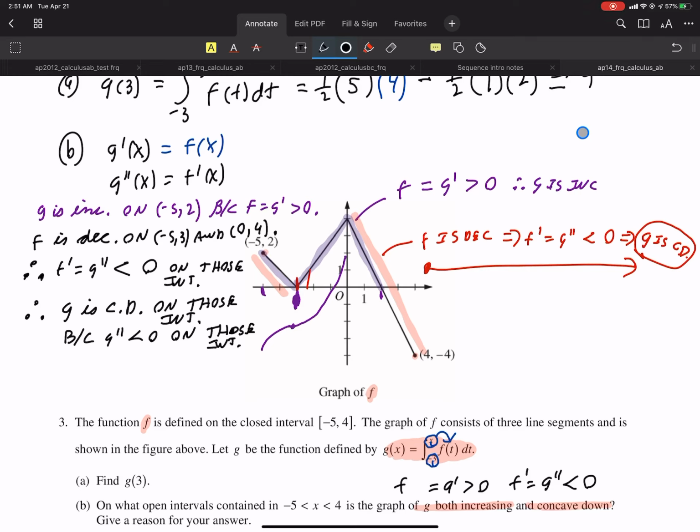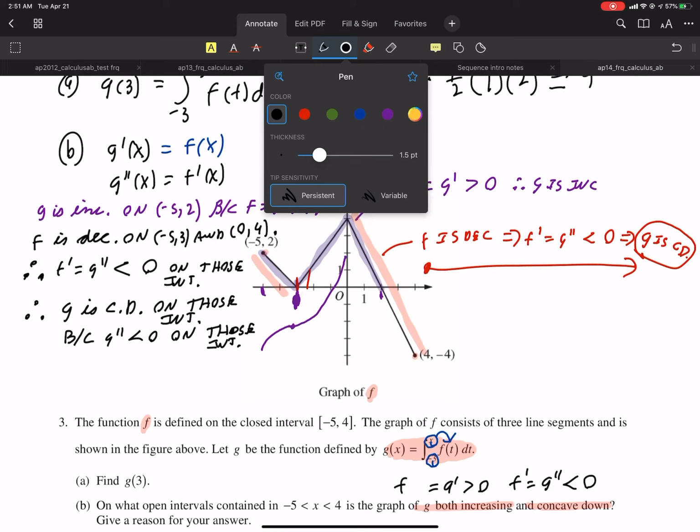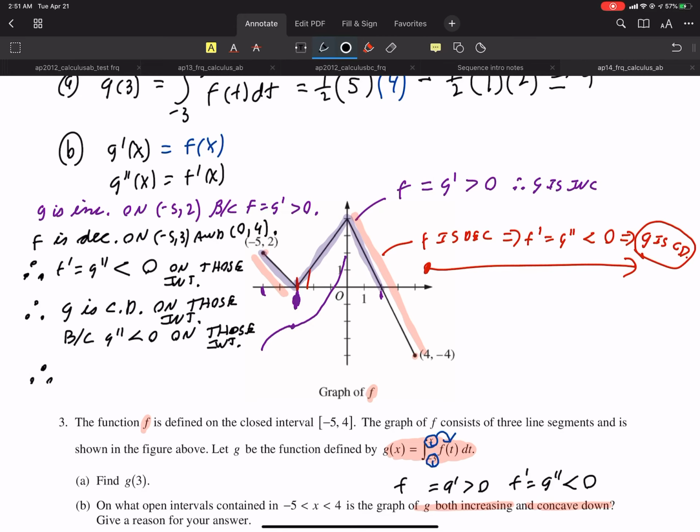So now we can conclude another therefore. Therefore, G is decreasing, and you like how I interchange my print and script, and concave down on what intervals?